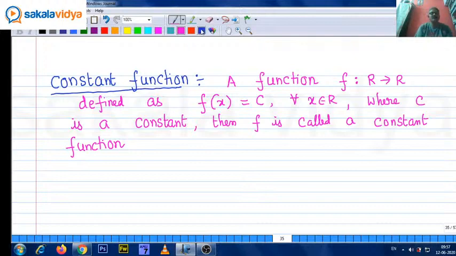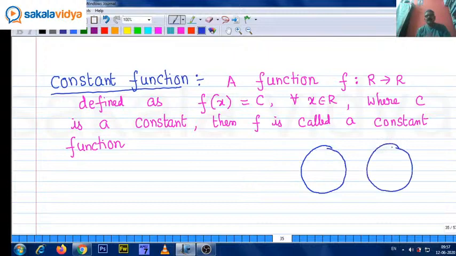So that means, for example, this is set A and this is set B. Say A, B, C, and here we have 1, 2, 3. For example, A is associated to 2, B is associated to 2, C is also associated to 2. What is the range of this function? The range is equal to {2}, only a singleton set.